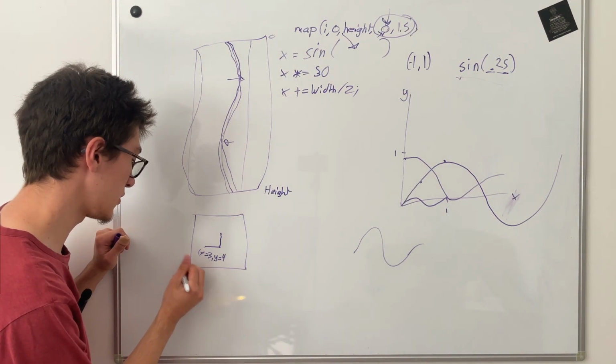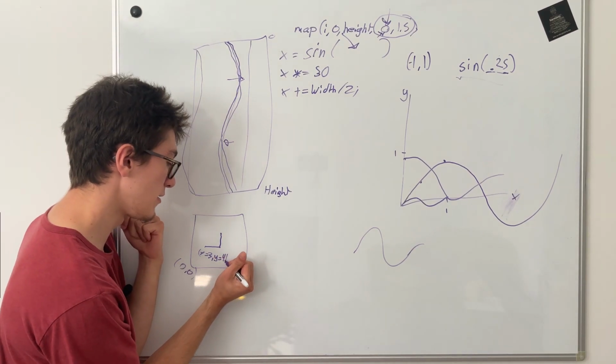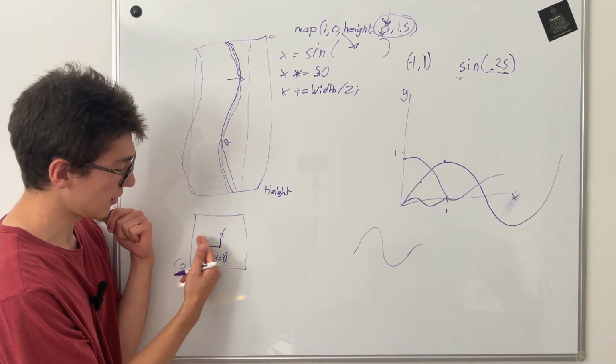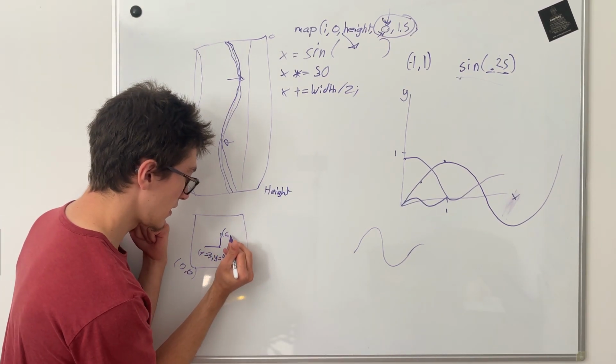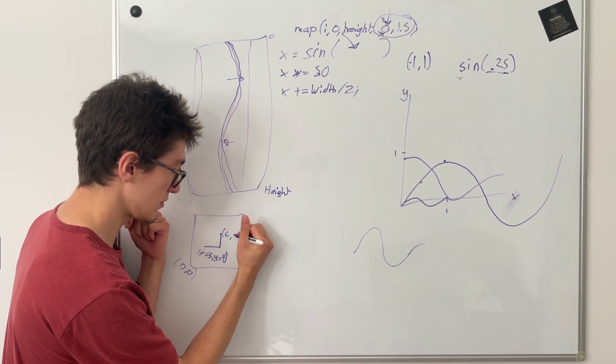Normally on the canvas it's 0, 0 here, but for the sake of the example, it's there. And this one is 6 across and 7 up.